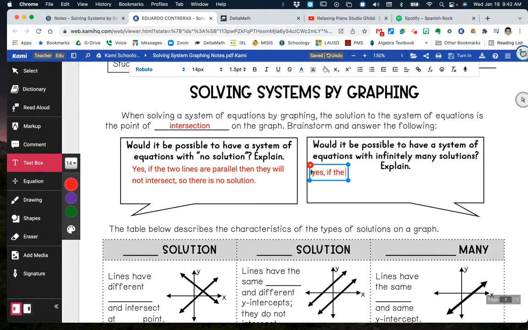If the two lines overlap, then they intersect infinitely many times. So infinite solutions.